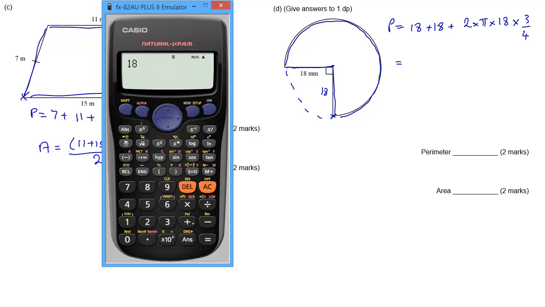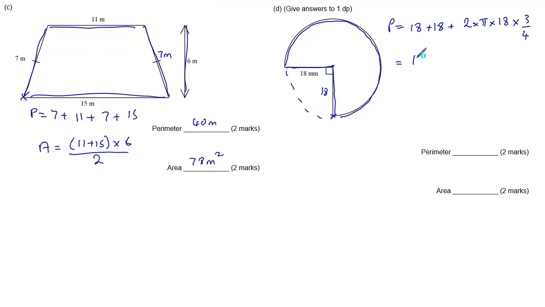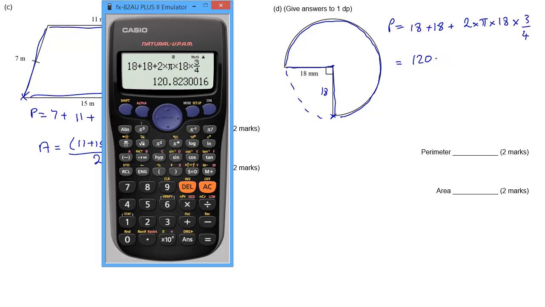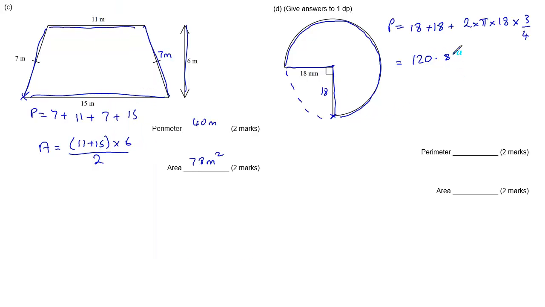So we've got 18 add 18, add 2 times pi times 18 times 3/4. That gives me 120.82 and so on. To one decimal place, that's 120.8, and in this case that's millimetres.